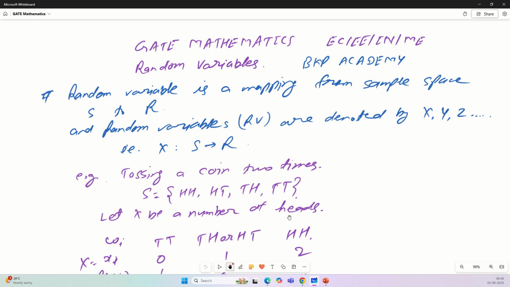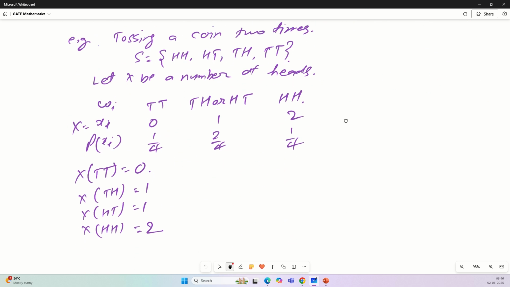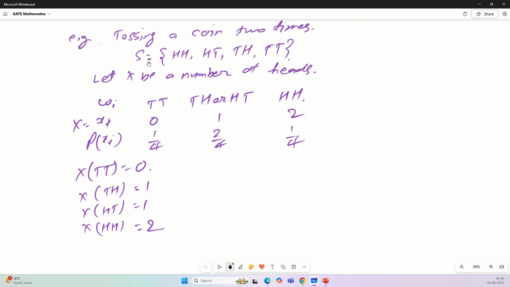So my different options are tail tail, tail head, head tail, or head head. In this, head tail and tail head both have only one head, so both of them are considered together.